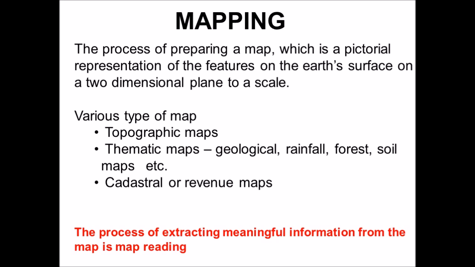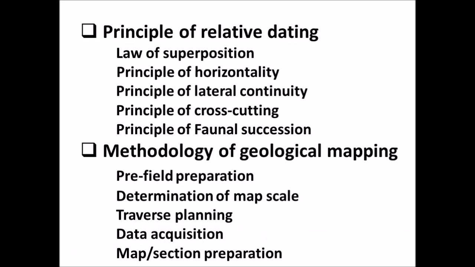So now we'll define what map reading is. It is a process of extracting meaningful information from the map. We should know a few principles which are helpful to understand the geological setup in the area while mapping. These laws are the law of superposition, principle of horizontality, principle of lateral continuity, principle of cross-cutting, and principle of faunal succession.